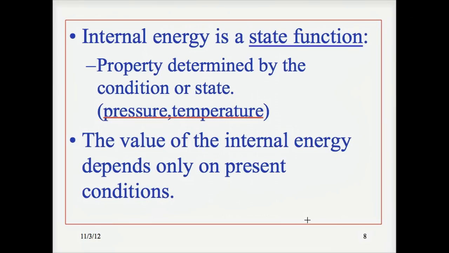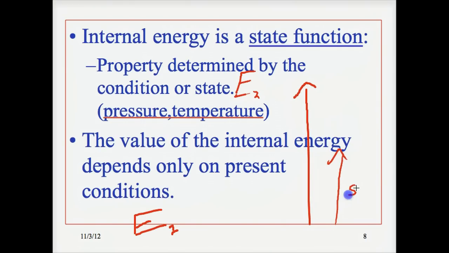For example, if something gets warmed up from where it started at thermal energy 1 to where it's actually at, thermal energy 2, according to this whole idea of state function, it wouldn't matter that the history was it was warmed on the stove and then warmed in the oven.